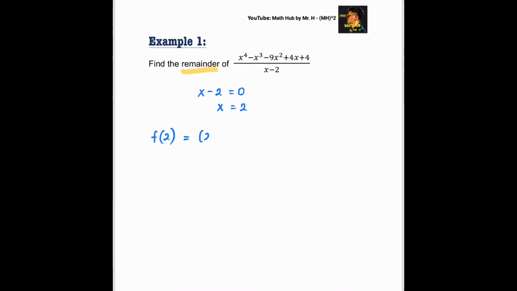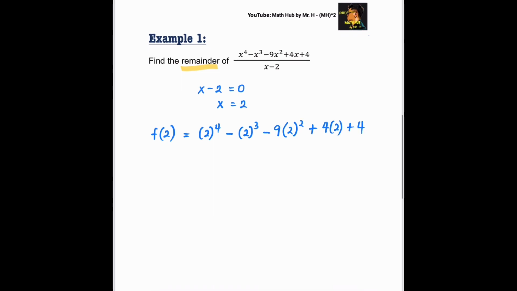So we will have 2 to the power of 4 minus 2 to the power of 3 minus 9 times 2 to the power of 2 plus 4 times 2 plus 4. Then we simplify the right hand side.